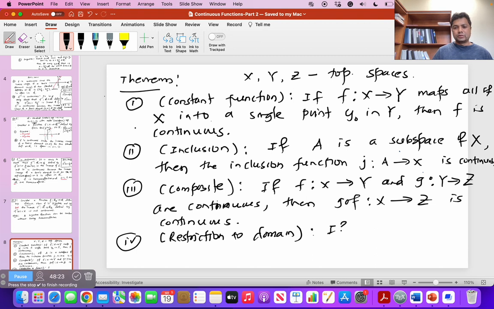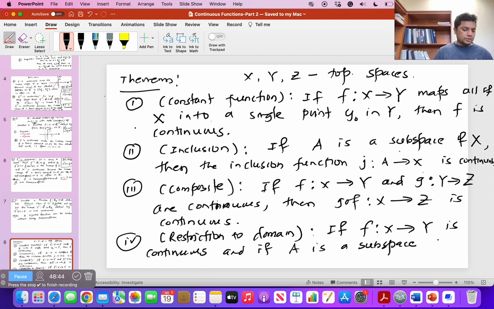Let me write it down. If f from X to Y is continuous, and A is a subspace of X, then if you restrict the domain of f to A, so the domain of the original function is X, and you restrict it to the subspace A, then this function is from A to Y and it's continuous.